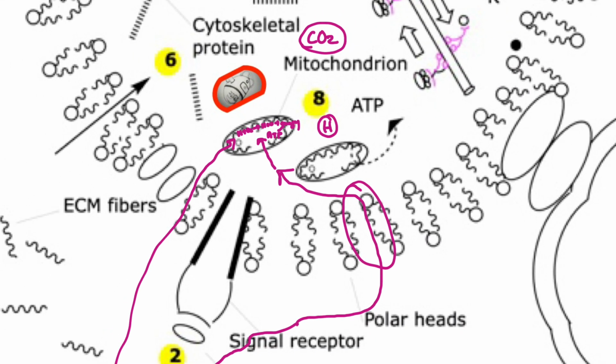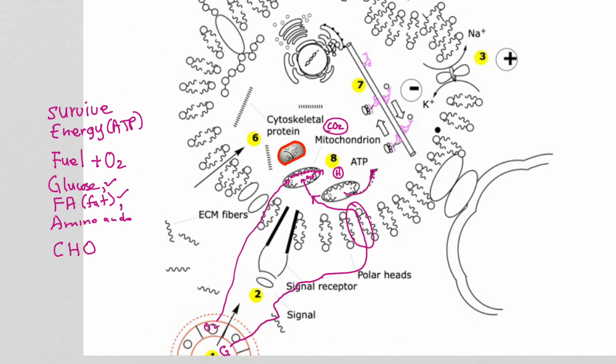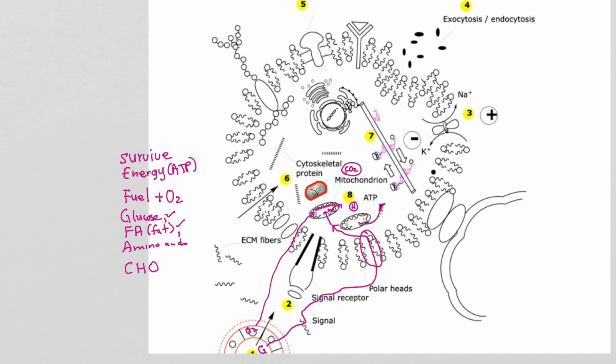Okay, so the mitochondria will continuously generate ATP, and this energy will then allow the cell to survive.